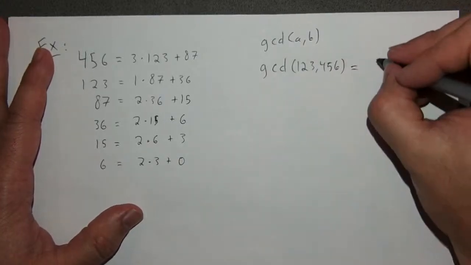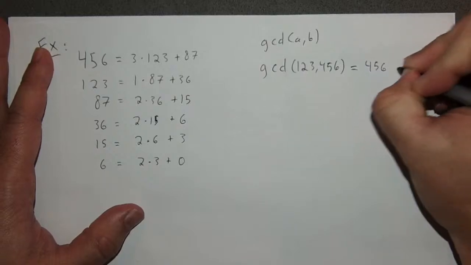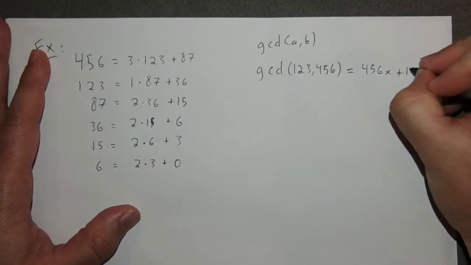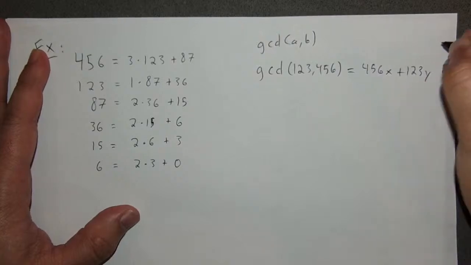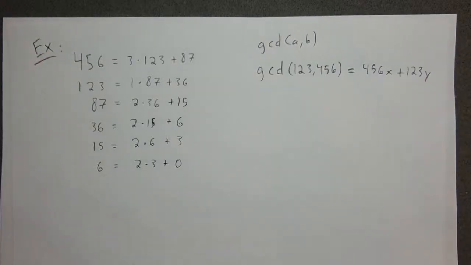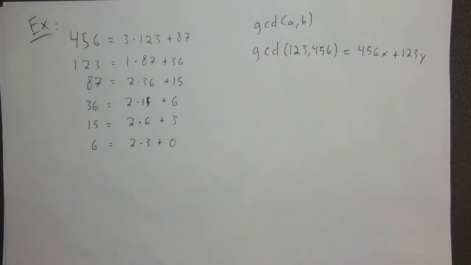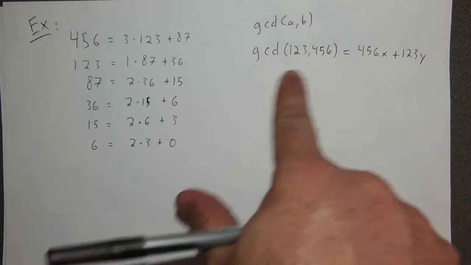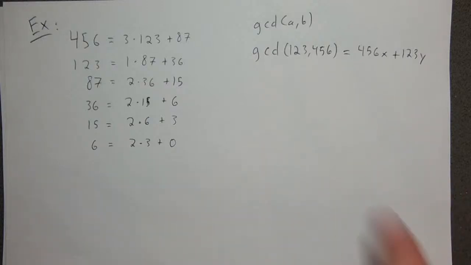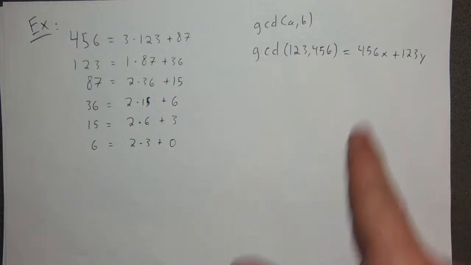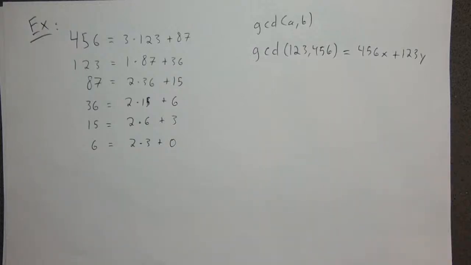I'm going to write it in the other direction just because that's how it shows up in the textbook, so if you're following along in the textbook, you'll see the exact same thing. I want to find x and y such that this is the case. I already know the GCD is 3, so I want to write 3 as a linear combination of 456 and 123. So the question is, how do I do that from my Euclidean algorithm?